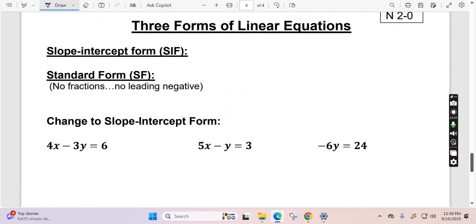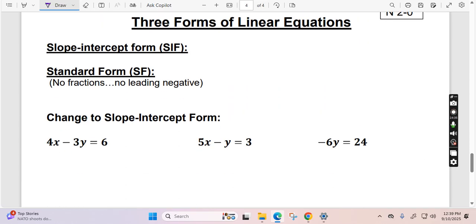So, 3 forms of linear equations. We have the slope-intercept form, which is y equals mx plus b. And we have standard form.